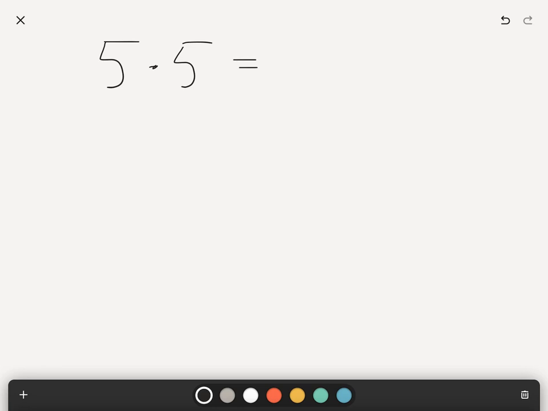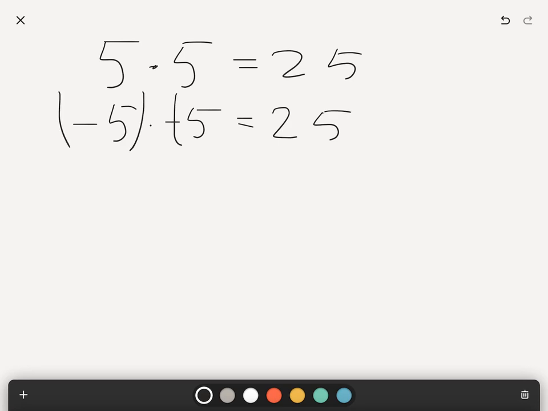We know 5 times 5 equals 25, right? And we know that -5 times -5 equals 25, right? Okay, so if you said, what's the square root of 25?